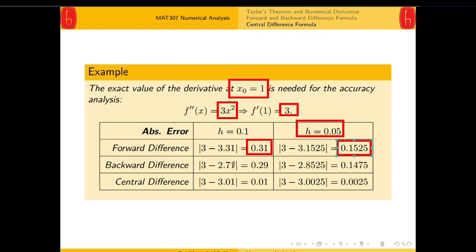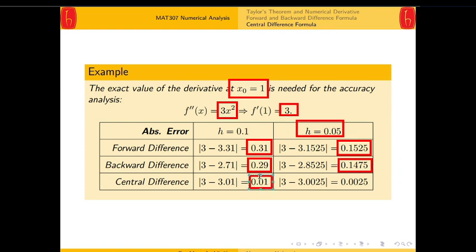If we again do the same thing for the backward difference formula, the error was 0.29, and choosing h equal to half of the original h, the error will be halved as well. So this is approximately half of this quantity. Okay, what happens with the central difference formula?